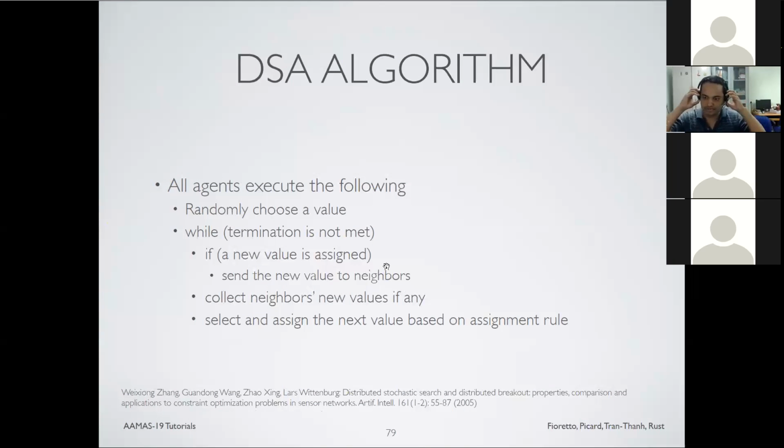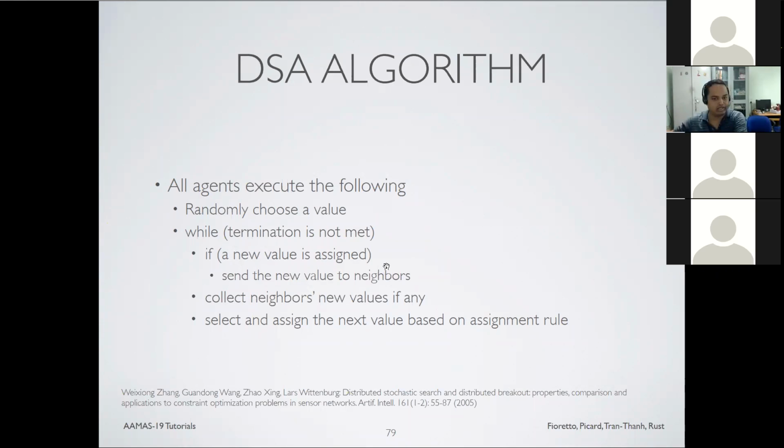So this is the very lucid way it is written, the steps for the DSA algorithm. All agents execute the following: randomly choose a value. So it's a kind of heuristic idea. That means the agent can choose any value.